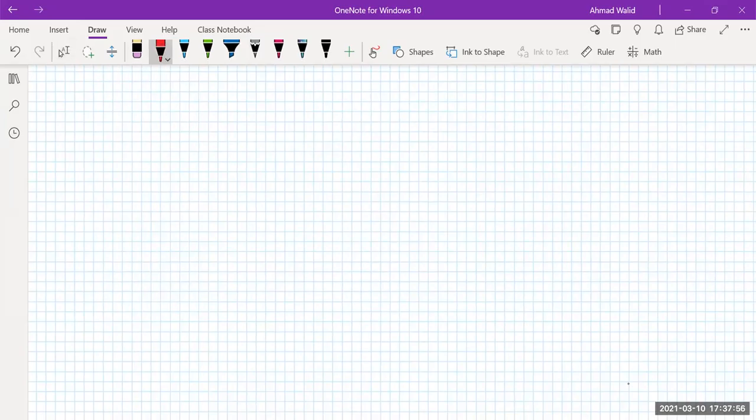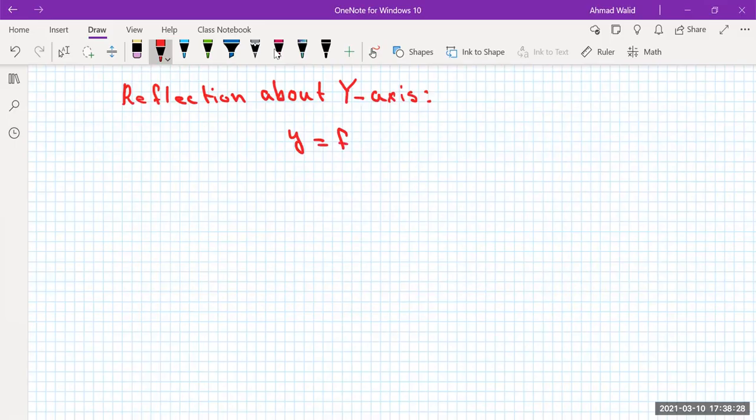Next one is reflection about y-axis. If you have a function y equal f of x, the reflection about y-axis will be y equal f of negative x.